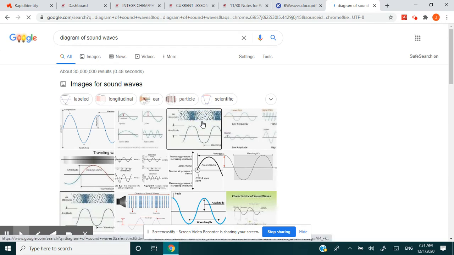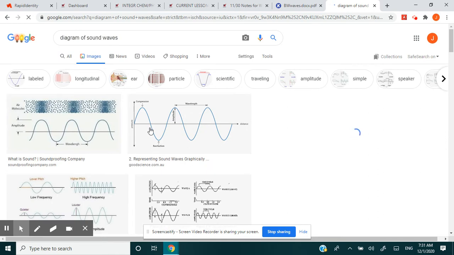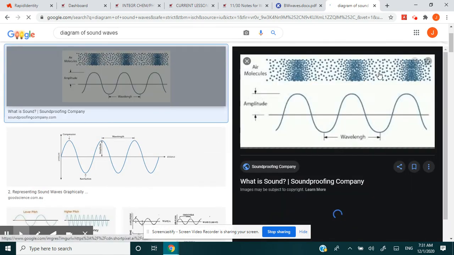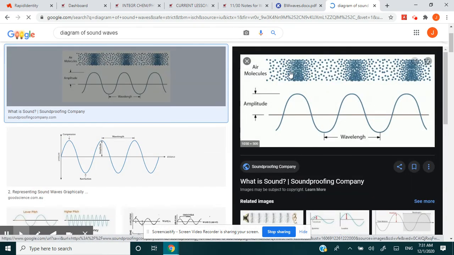Oh, here we go. So right here, you see where they're close together and then far apart, close together, far apart. This is what a sound wave looks like. And this is a good picture, actually. It shows you where this is high, these are close together, and then the trough part, they're far apart.